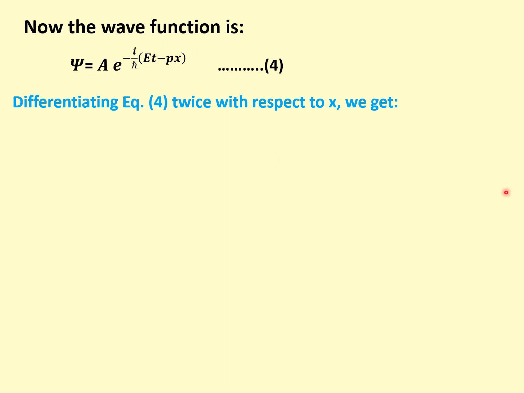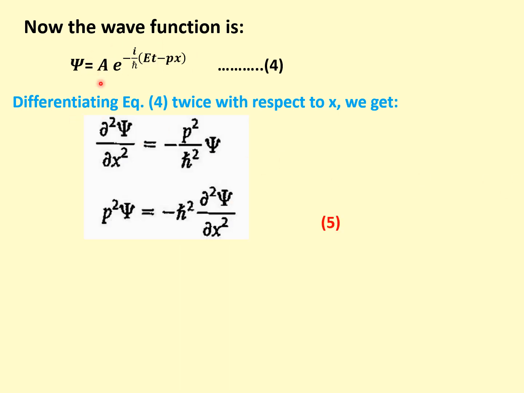So d psi by dx will be a e raised to power minus i by h bar, Et minus px, into the differentiation of Et minus px, Et will give 0, minus px will give minus p. And if we differentiate one more time, it will be minus p square by h bar square, and i will give i square, that is minus 1, times psi. So from here we can find p square psi equal to minus h bar square into delta 2 psi by delta x square.